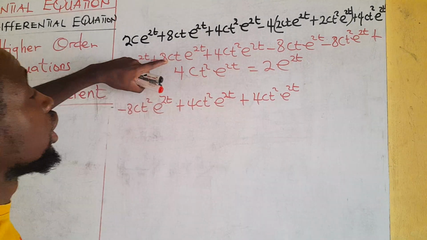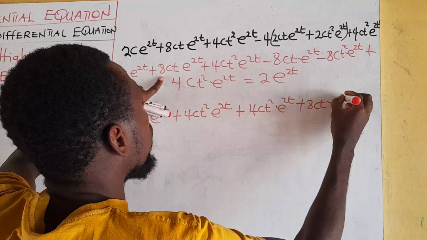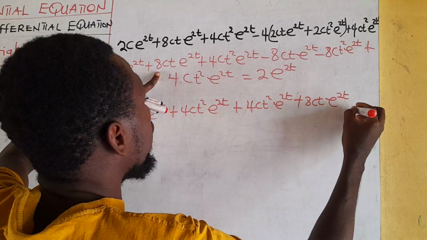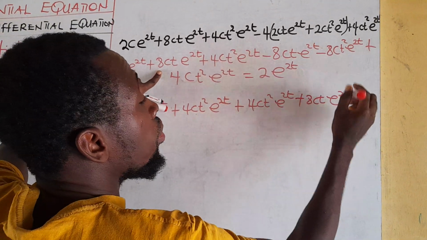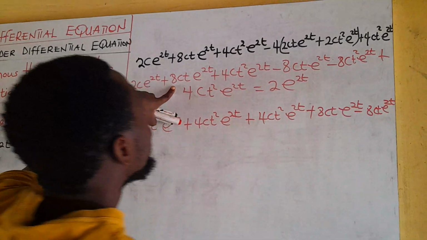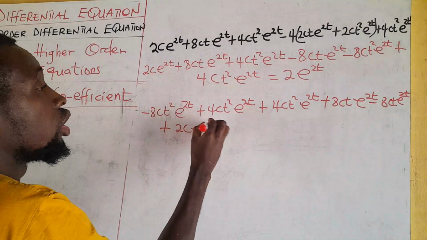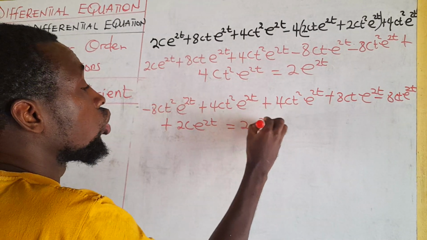Then I'll bring the linear terms. So I have 8ct e exponent 2t, then minus 8ct e exponent 2t, then my constant 2c e exponent 2t equal to 2 e exponent 2t.